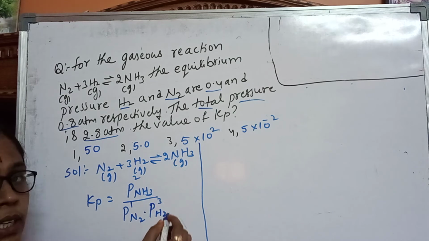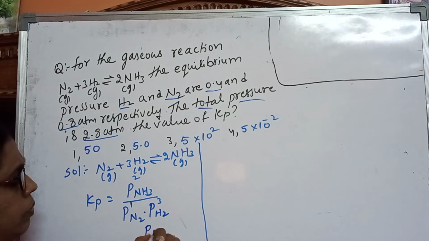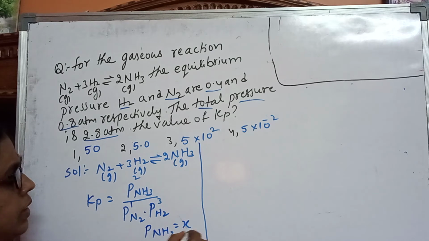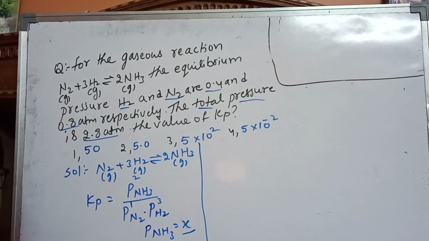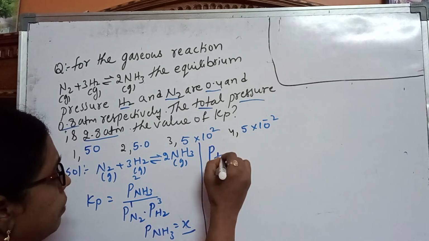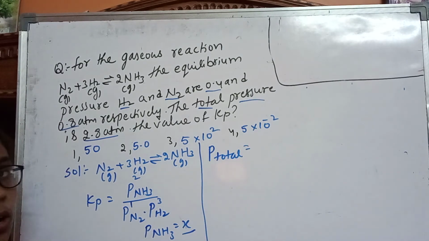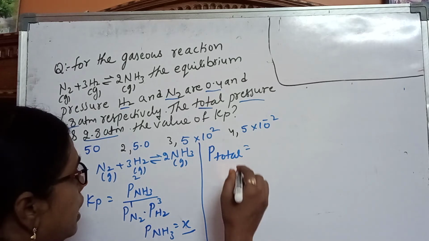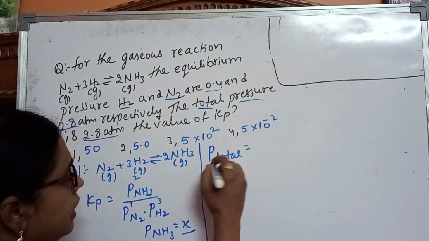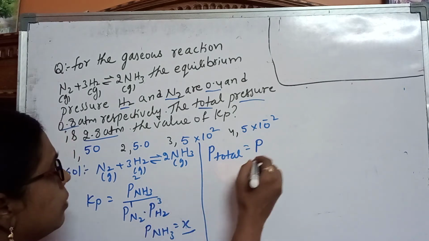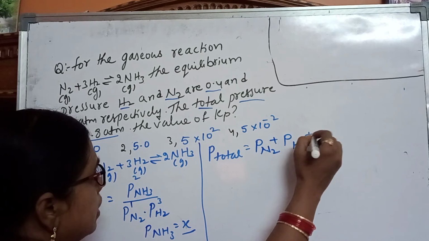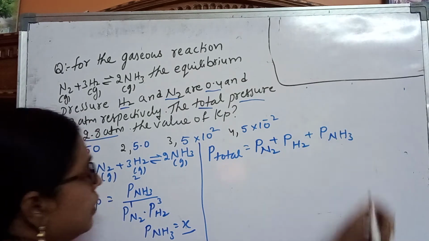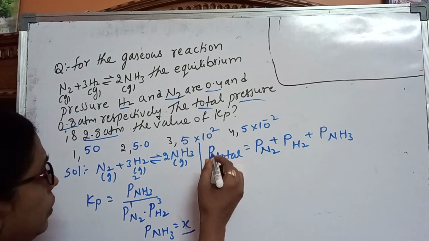How? See. For example, take the partial pressure of ammonia, NH3, as X, unknown. According to Dalton's law of partial pressures, the total pressure is equal to the sum of the partial pressures of all components. According to Dalton's law, we can write P total is equal to the partial pressure of nitrogen plus the partial pressure of hydrogen plus the partial pressure of ammonia. P total is given in the problem.